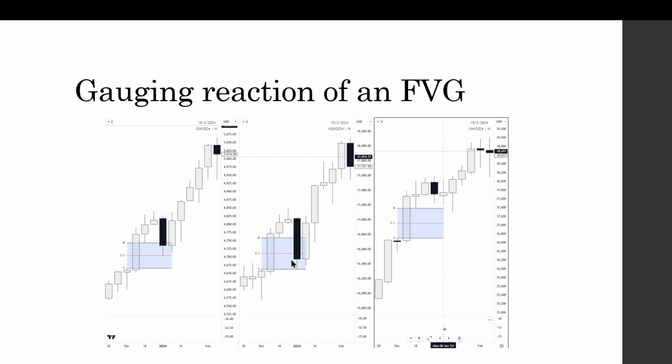In order to predict how price is going to react off a fair value gap, we look at where it closes. Because the S&P 500 traded into it and closed above the 50%, we would infer that price wants to continue bullishly. Had all three assets closed below the 50% of their fair value gaps, we would infer that price wants to continue bearishly. We just need one of them to not close below the 50%, and that is enough for us to say that price will continue bullishly.